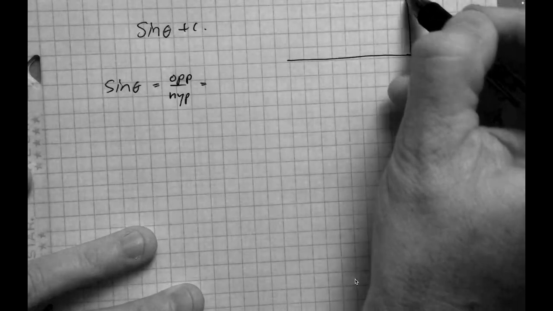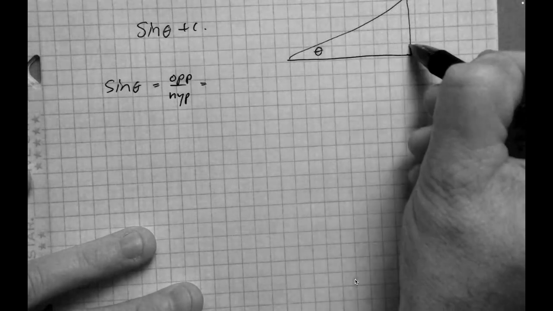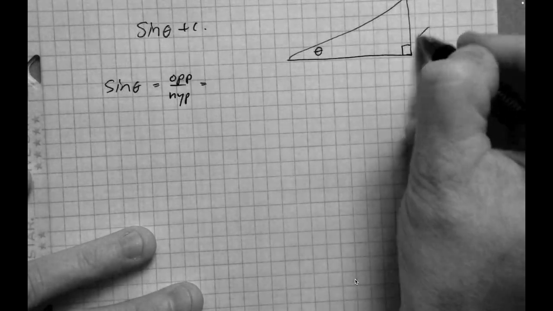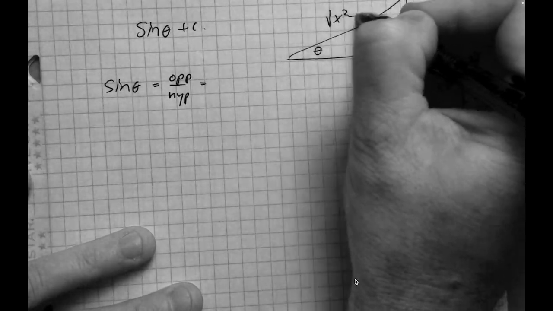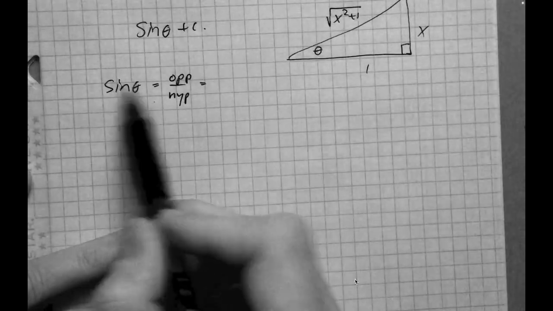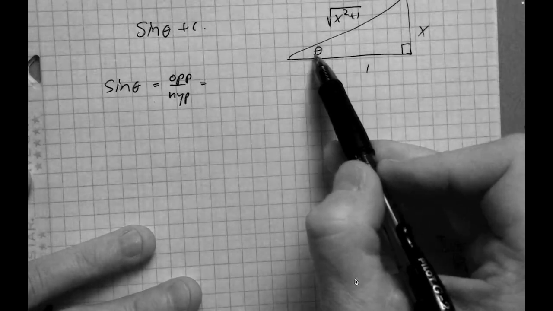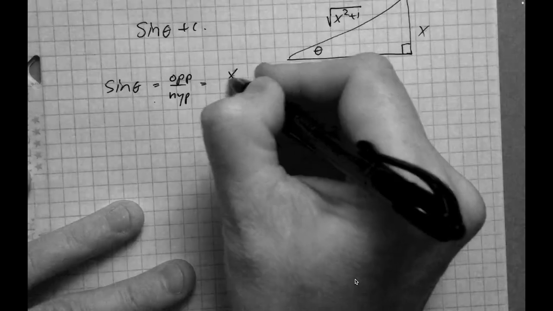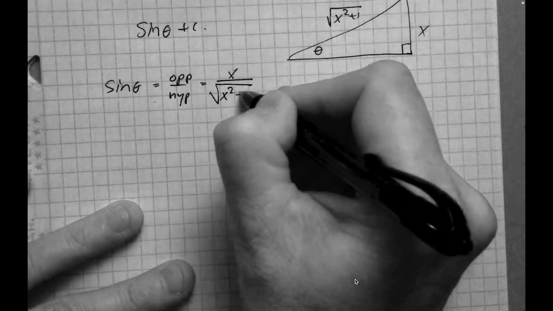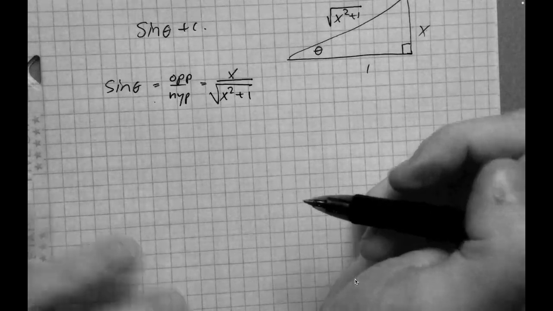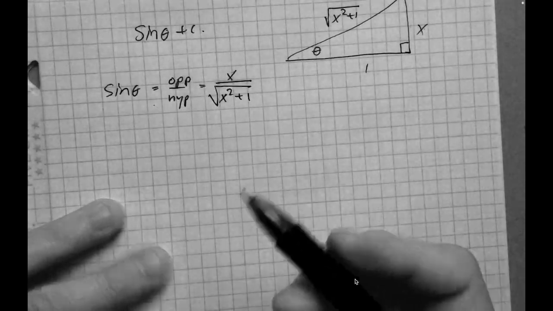Okay, and so let's remember the triangle we drew. Just draw it one more time. Get our theta. And so this was our x and our 1, and up here we had the square root of x squared plus 1. Right, so sine of theta is opposite over hypotenuse, and so it's going to be x over this radical, the square root of x squared plus 1. Okay, and so that's just a simple substitution, drop it in here.